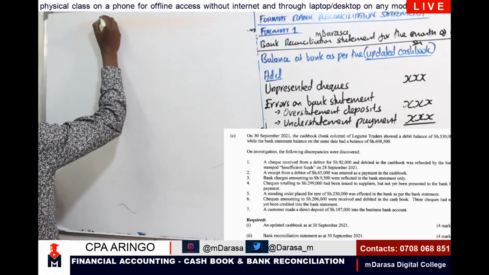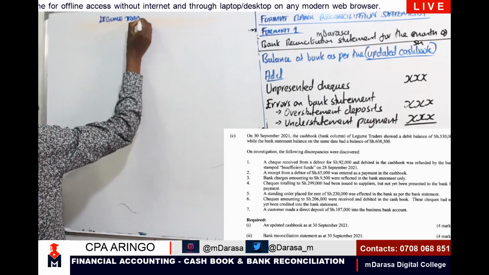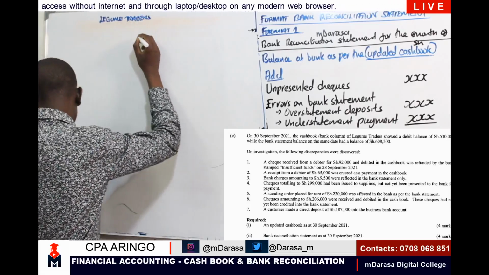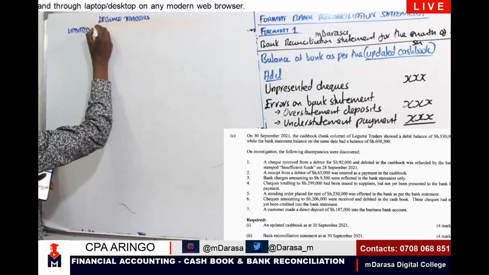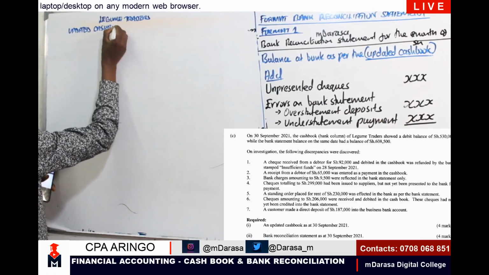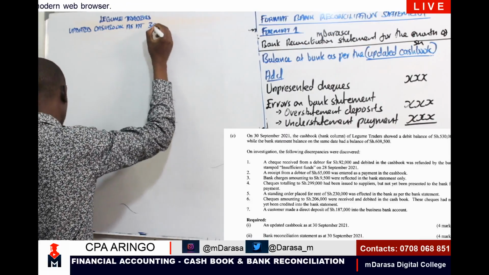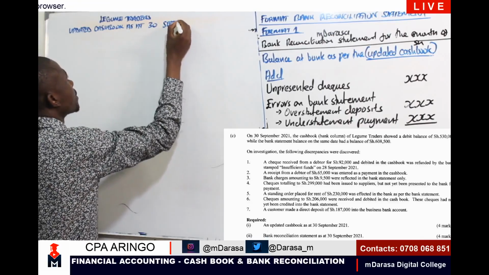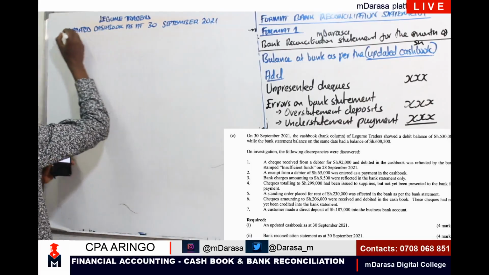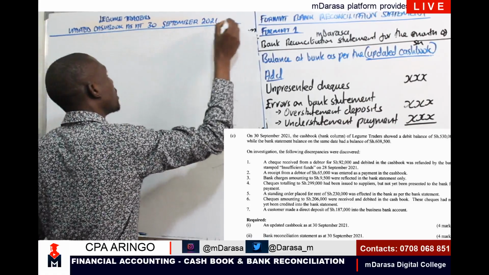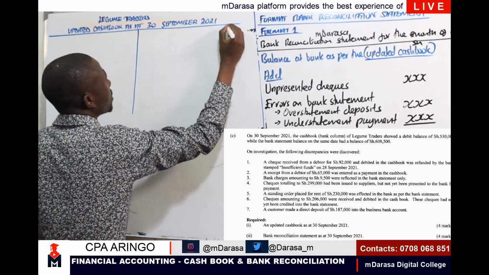So we need to prepare Legume Traders updated cash book as at 30th September 2021. We need to prepare our updated cash book. So our currency.